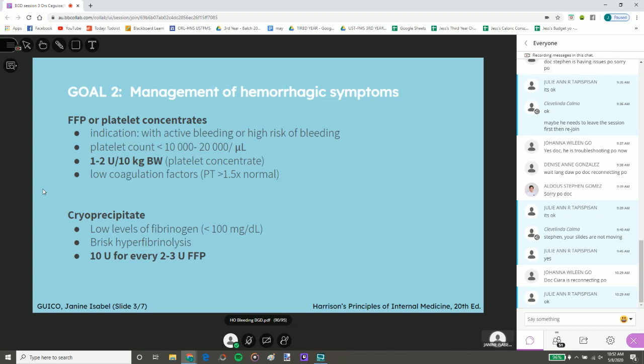The dosage would be 10 units for every 2 to 3 units of FFP to correct the hemostasis. However, for our patient, there was no data acquired yet regarding his fibrinogen levels and FDP, therefore we can't say if he is currently in this hyperfibrinolysis.